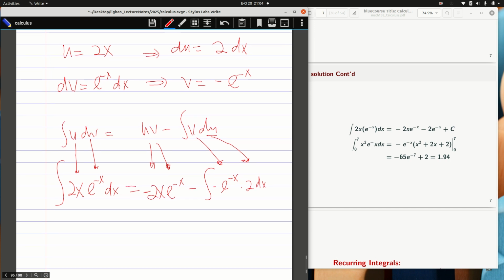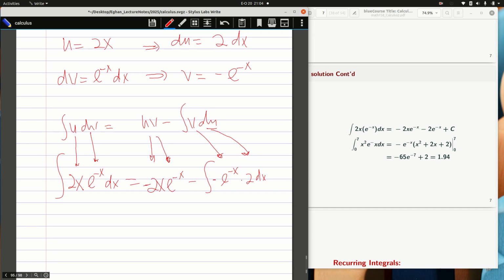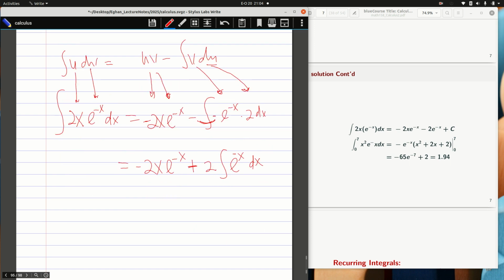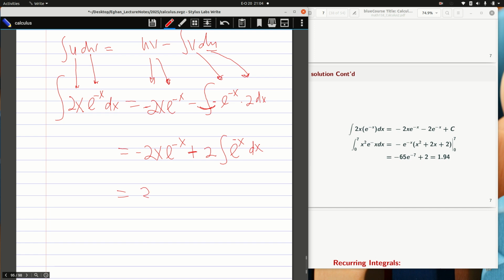Okay, so this is the same as negative 2x e to the negative x. Because of this integral sign, I have plus. I can bring 2 out and say I'm going to integrate just this part here. Now I can simply integrate this, plus, and I'm going to get negative, so the plus still goes away: negative 2e to the negative x plus some constant of integration. This is what my integral of 2x e to the negative x dx gives me.